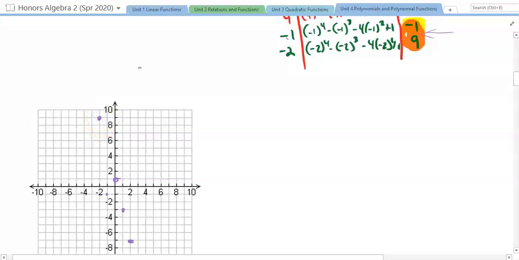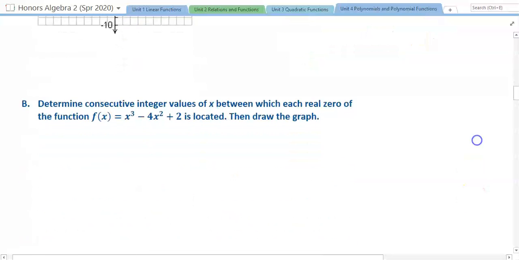And so what our graph ends up looking like, again, this is not a perfect sketch, but it is something like this. So again, use the table to your advantage to see what this graph is doing.